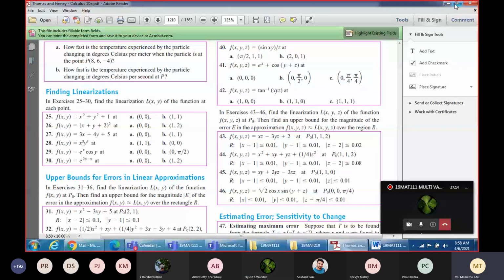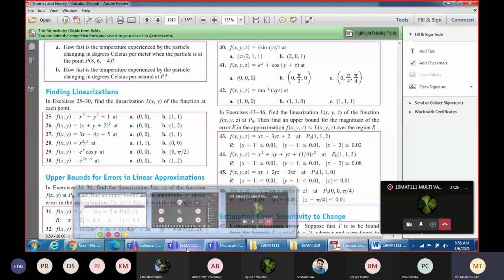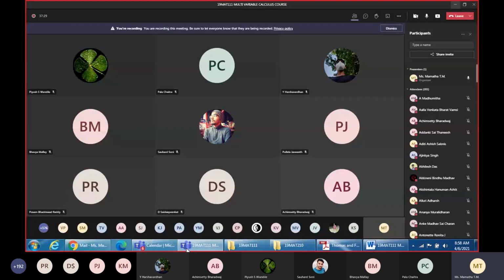How about other students? Are you getting the same answer? I saw many students who have raised the hand. Problem number 27, all of you are getting the same answer?